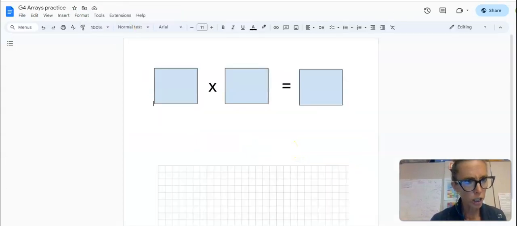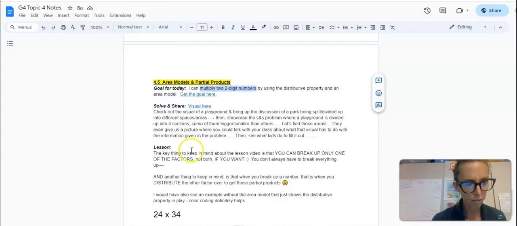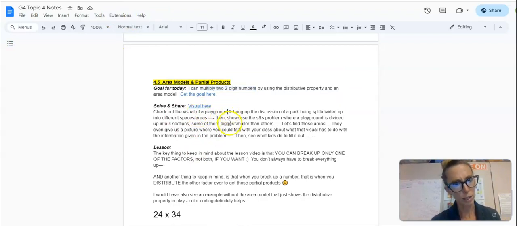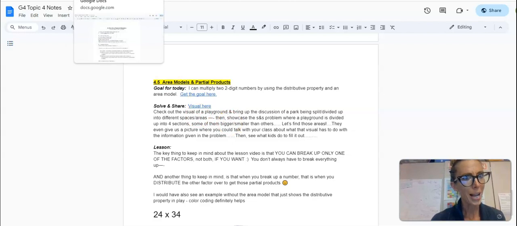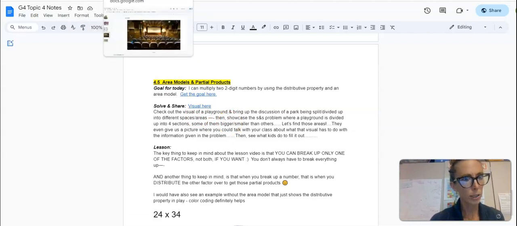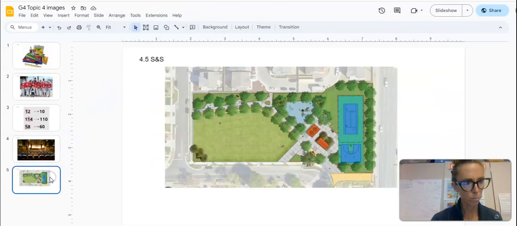The Solve and Share for 4.5 has to do with a playground and being split up. So the visual that I put in there to bring up the discussion was like a city map, and we're looking down, bird's eye view, of a park.